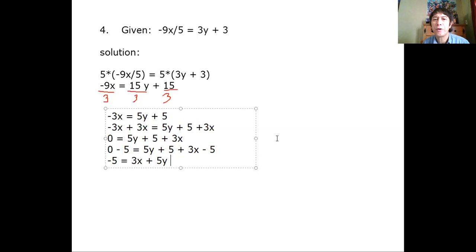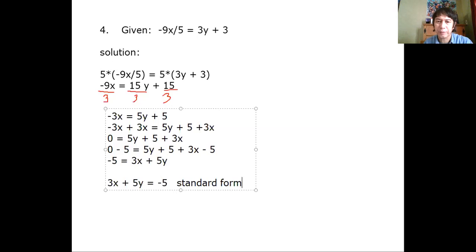Now, the standard form should be ax plus by. So it will be at the left side. So that means you have to rearrange this so that exchange places. That should go to the left side. 3x plus 5y is equal to negative 5 there. And this is now the answer, standard form of the equation of the line there. 3x plus 5y equals negative 5.